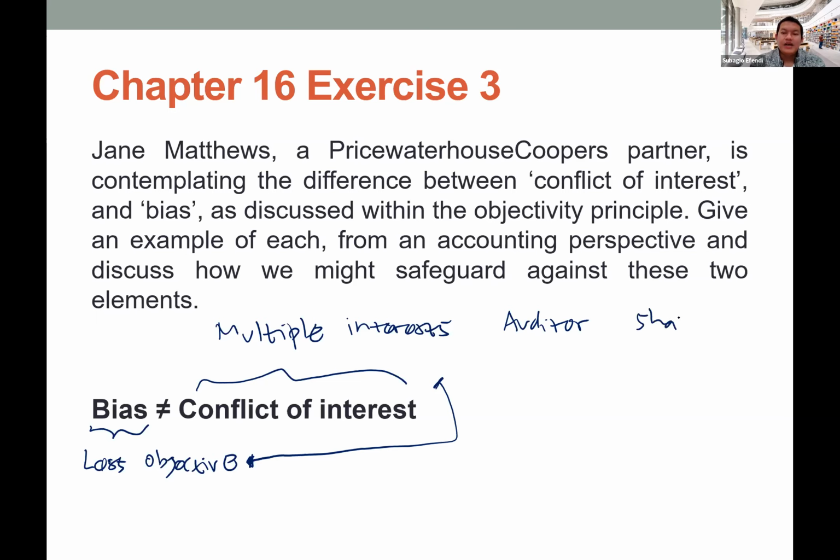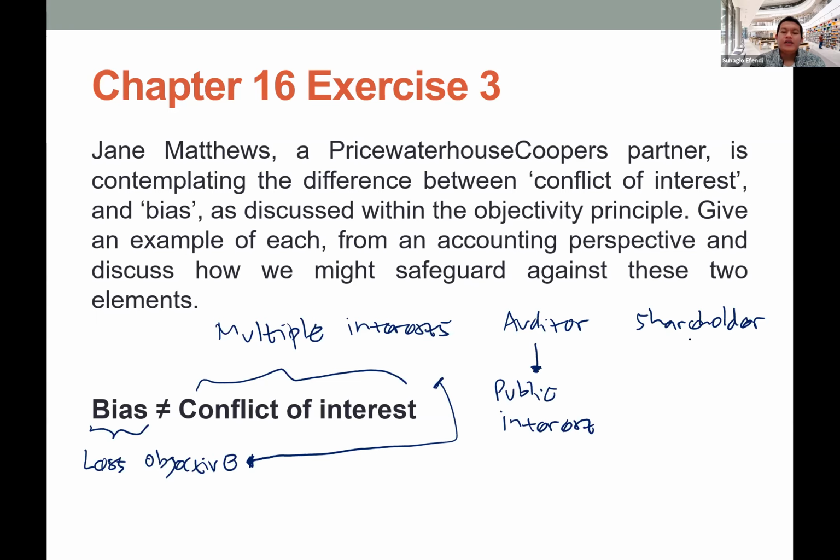At the same time, the auditor also acts as a shareholder. From the auditor's perspective, the auditor should act on behalf of the public interest, or a wider shareholder interest, in doing the job.